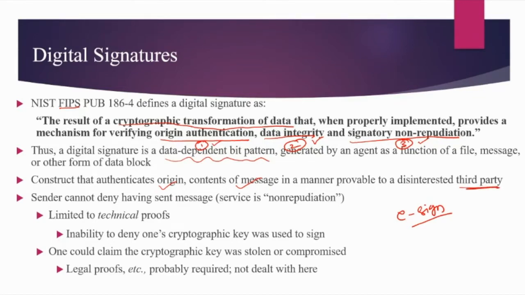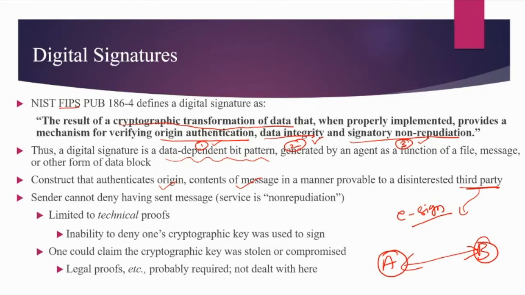So if A is communicating with B, and suppose there is some sort of dispute between A and B, we can involve a third party, and this third party is able to resolve the issue by checking the authenticity of the message, of the origin, by checking the content of the message, and by having the signatory non-repudiation property.